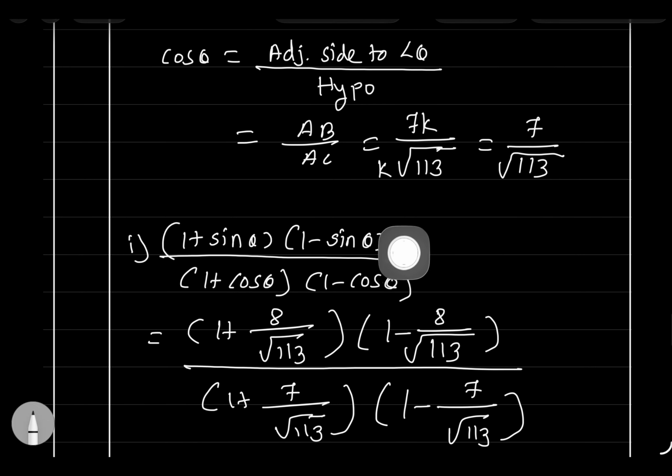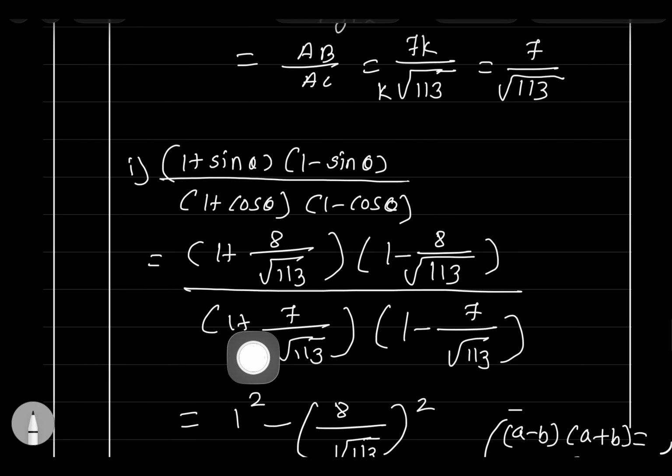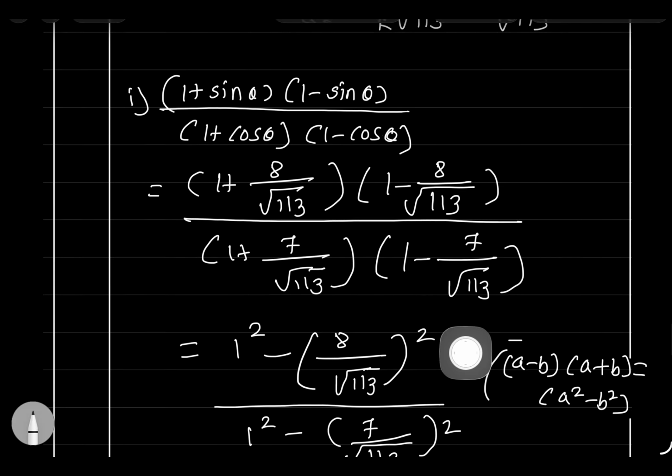Now you can put these values. So (1 plus sin theta), that is 1 plus 8 upon root 113, in another bracket (1 minus sin theta), 1 minus 8 upon root 113. Then (1 plus cos theta) is 1 plus 7 upon root 113, and (1 minus cos theta) is 1 minus 7 upon root 113.